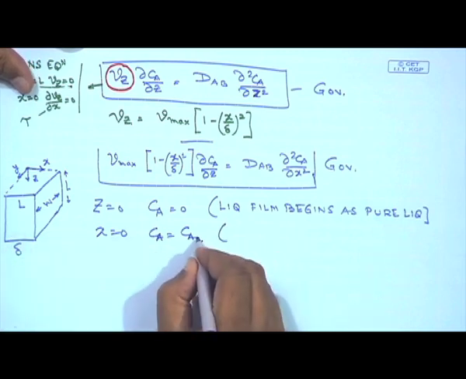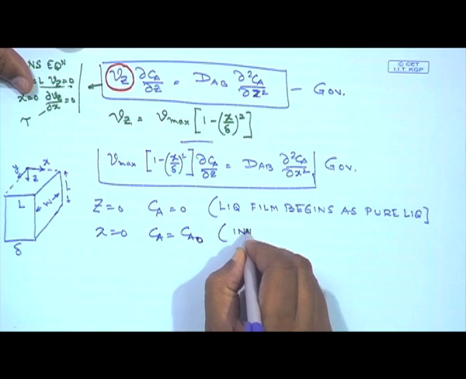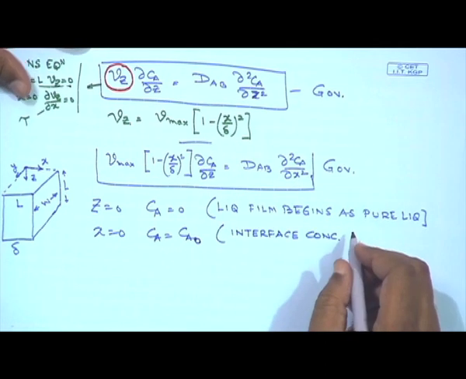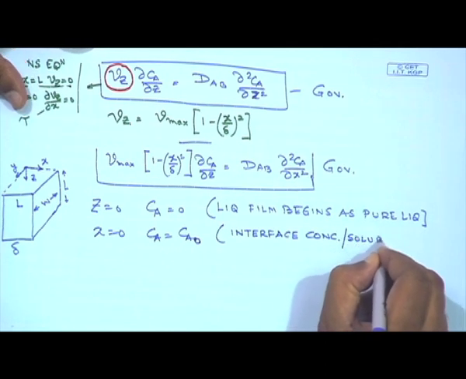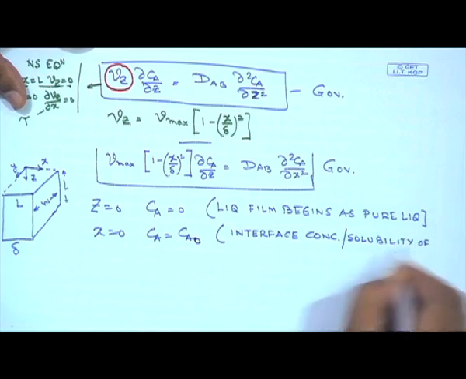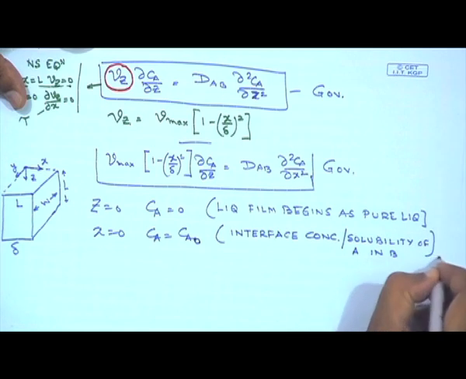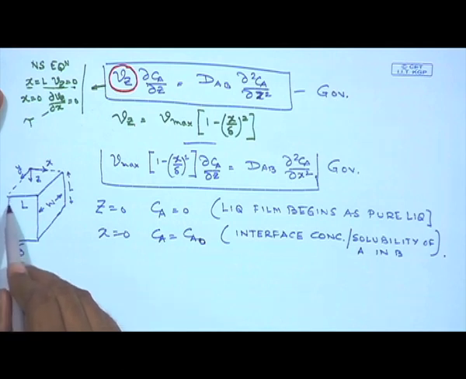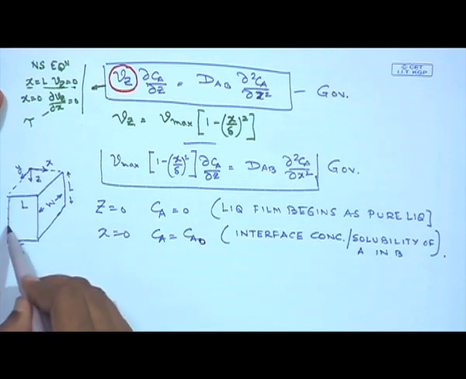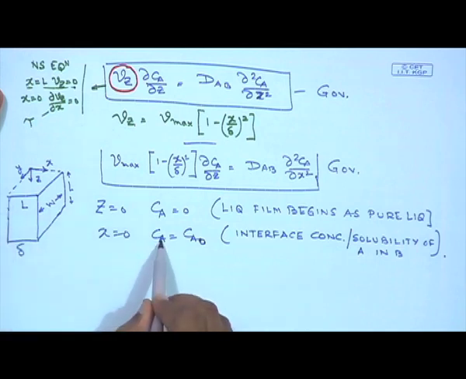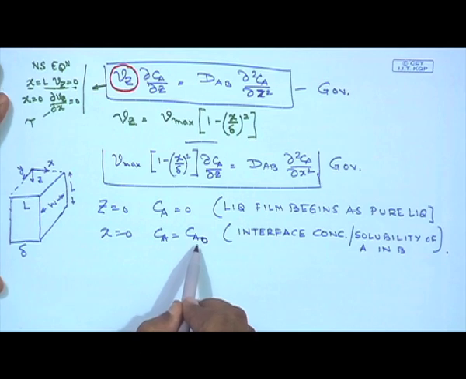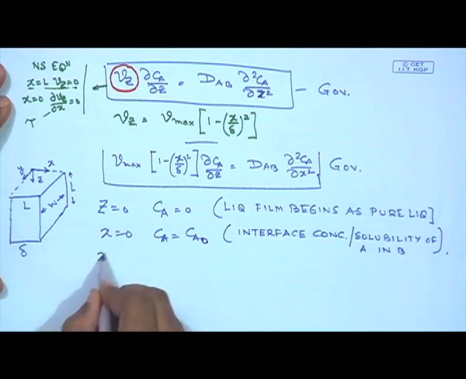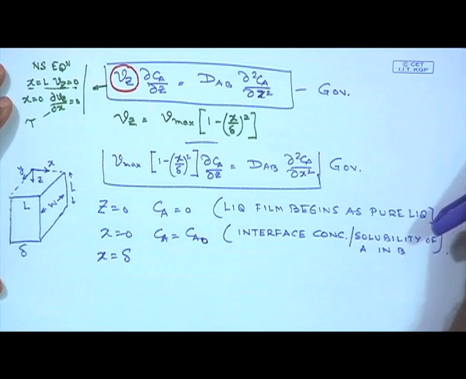This Ca0 is the interface concentration of A in B, and in many cases it is the solubility of A in B. So at x equals 0, that means on this plane, for any value of z and of course any value of y, the concentration of A remains constant, which is equal to the interface concentration or the solubility of A in B. At the other end, which is at x equals delta, what we have is then a solid wall.